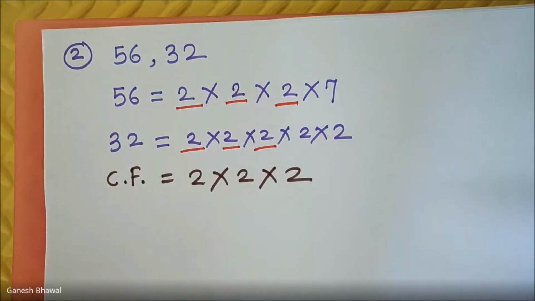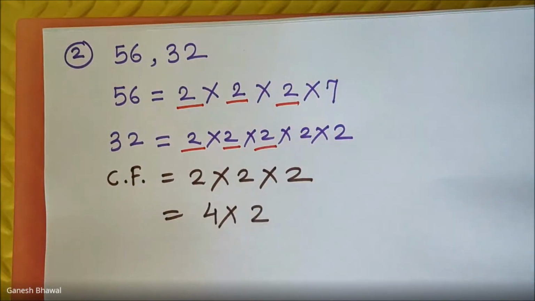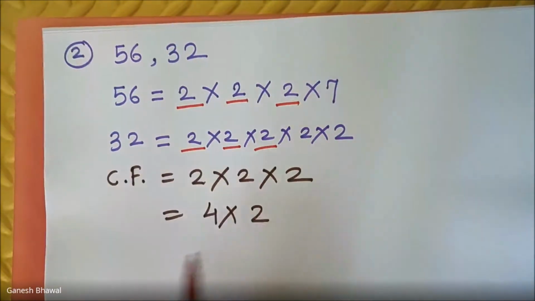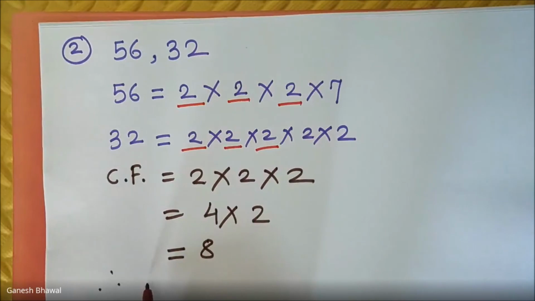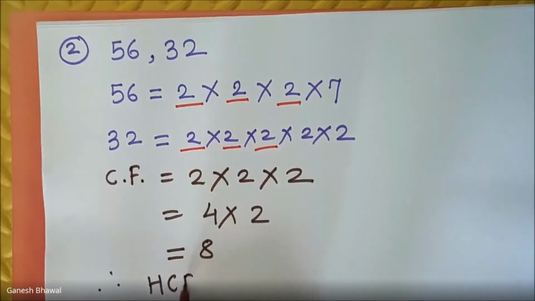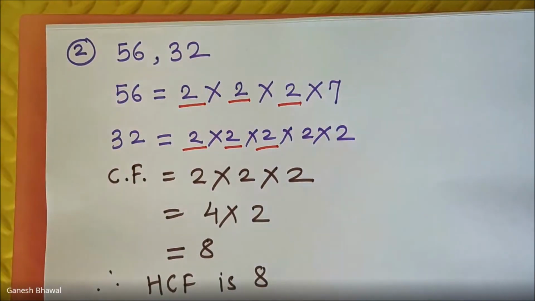Multiply these. 2 into 2 is 4, 4 into 2, 4 2s are 8. Therefore, HCF is 8. This way you have to write the answer.